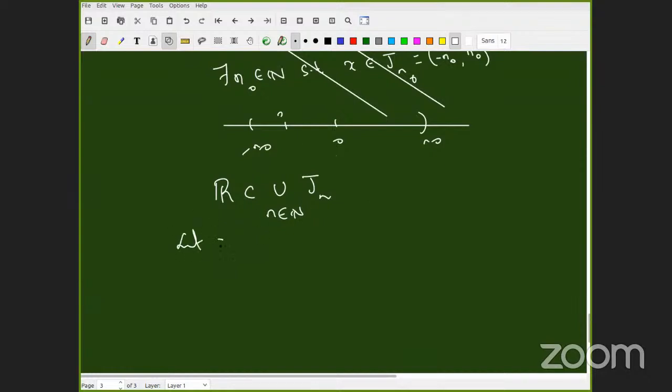I'll start with x in R. Can one of you say what I have to do? What is it that we want to prove now? It should be quick, be fast.